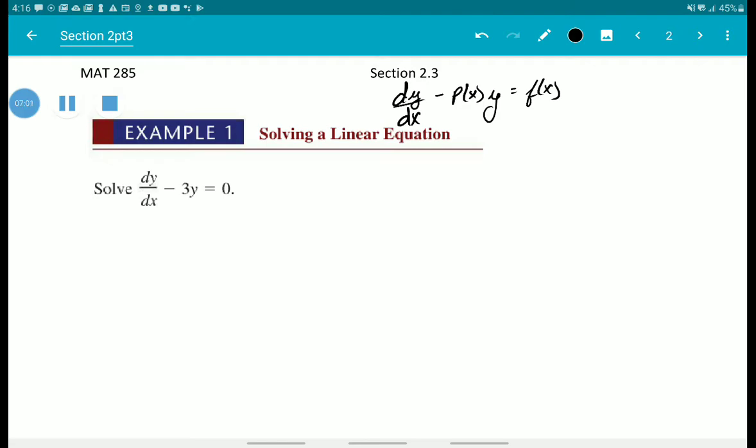So the first thing is we need to figure out what we're going to multiply this equation by, and that's what we're going to call an integrating factor. That's our u of x. So we need to identify the integrating factor.